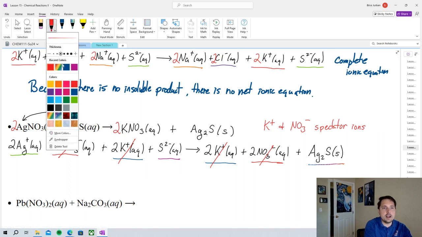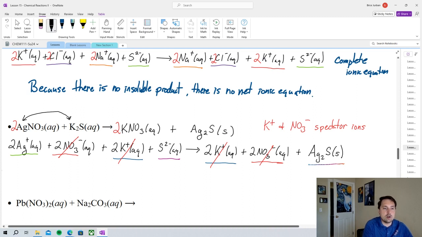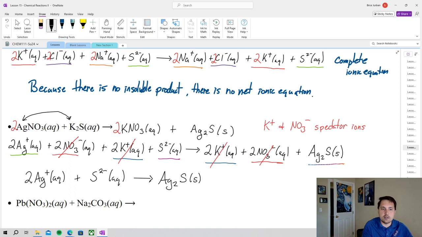And when we go to write the net ionic equation, what we want to look at is just the chemistry that's occurring here. So we'll write the net ionic equation as just the things that did not get canceled out. That ends up being the things that make up the solid. So you don't actually have to write the complete ionic equation to find the net ionic equation if you recognize that fact, that it's only the things that will make up the solid that are on the left and the solid itself that's on the right.